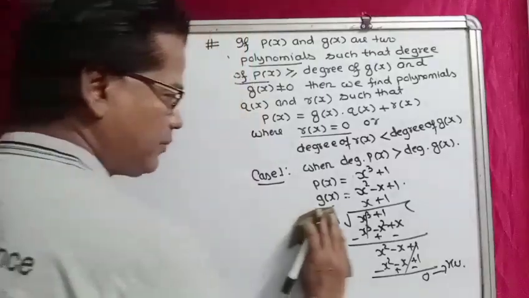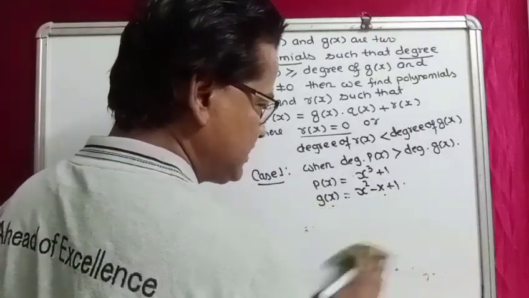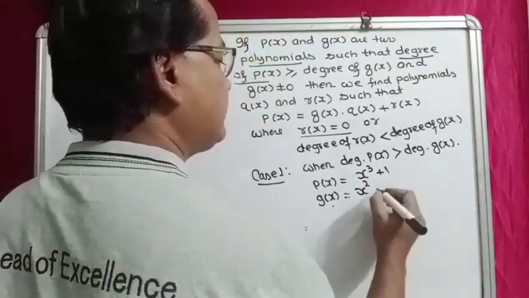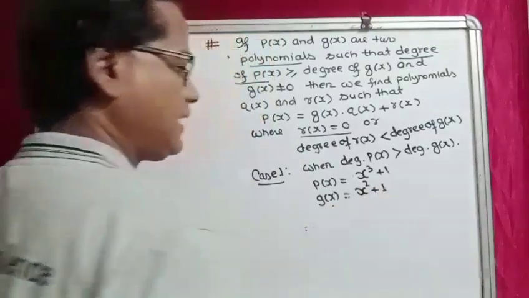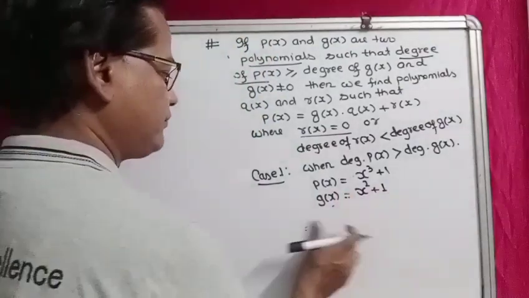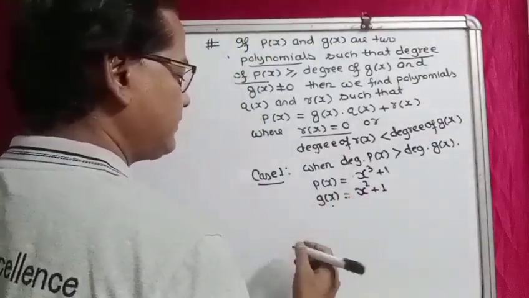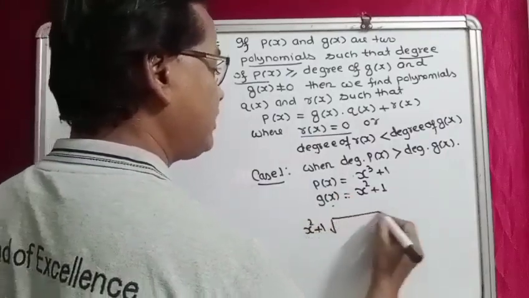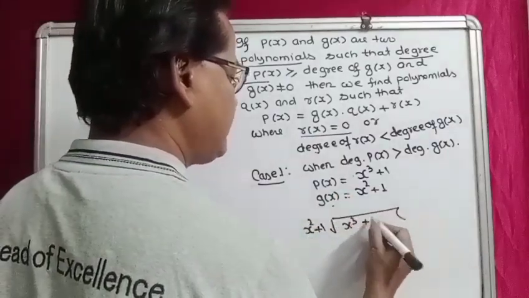Now what will happen if g(x) is not a factor? Suppose I am taking x square plus 1 as g(x) and its degree is 2. So find out what is the r(x) or its degree by long division method. x square plus 1, x cube plus 1.